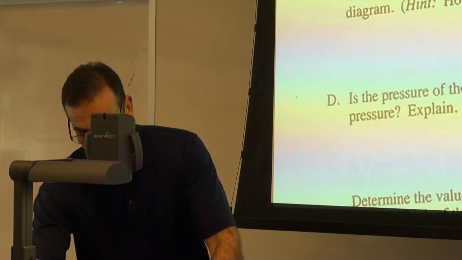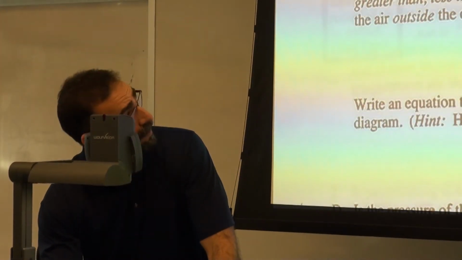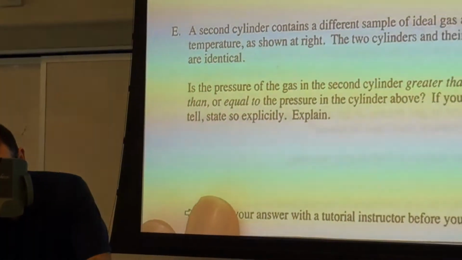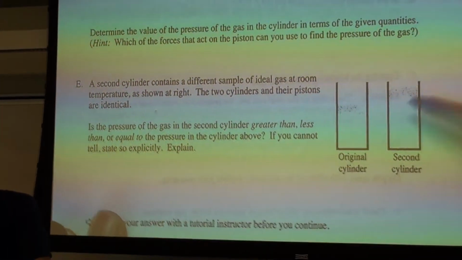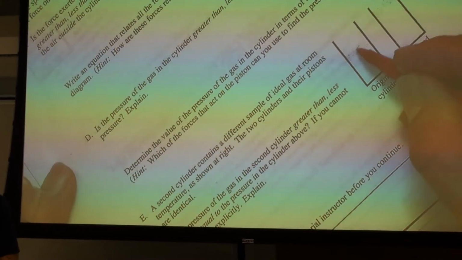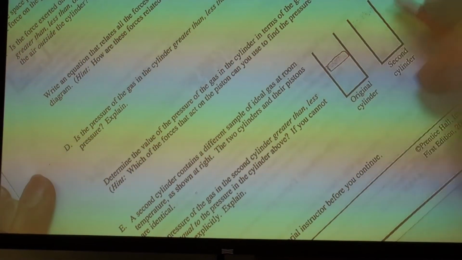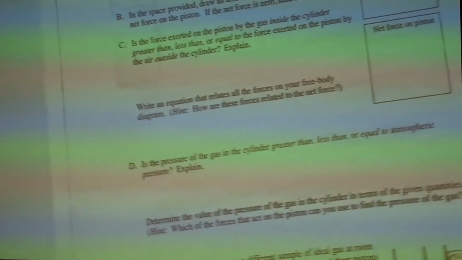So in the upper image, you can see that there's a piston here. I think that one worked out okay on the photocopier. But down here, it's a little hard to see. There's a piston. The position is a little lower on the left side and a little higher on the right side. You got that okay?